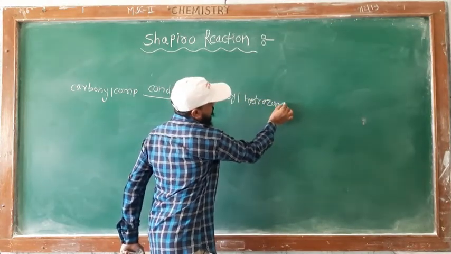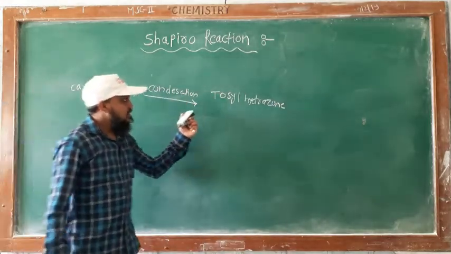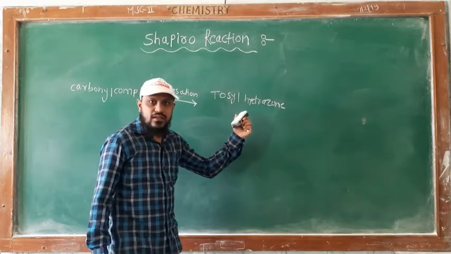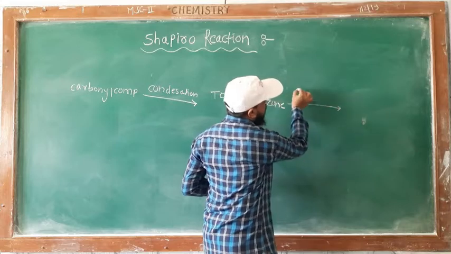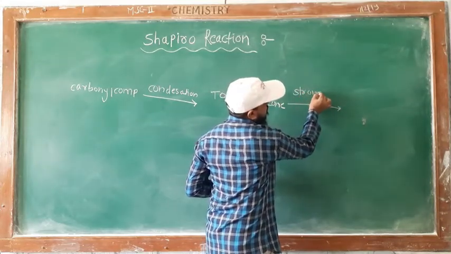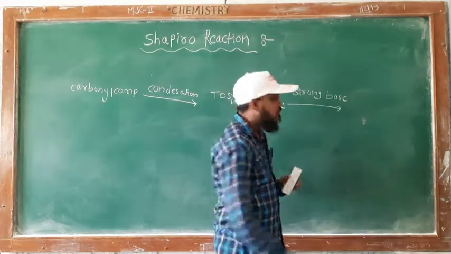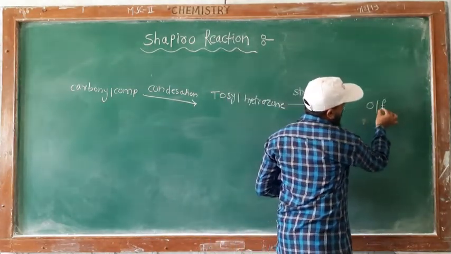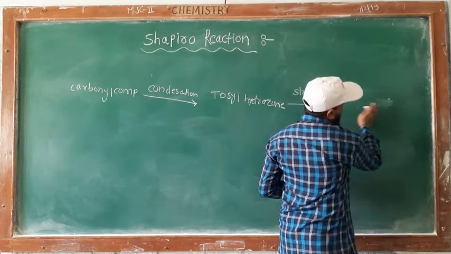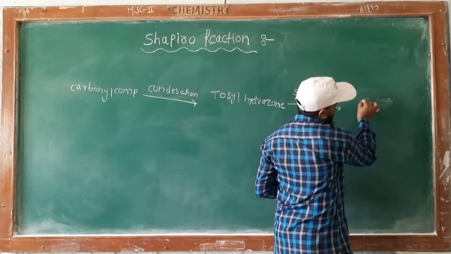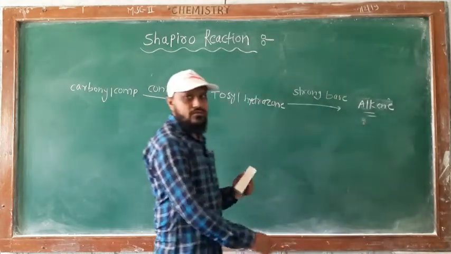Firstly the carbonyl compound condenses to form tosyl hydrazone, and this tosyl hydrazone reacts with a strong organic base to form an olefin, simply an alkene.